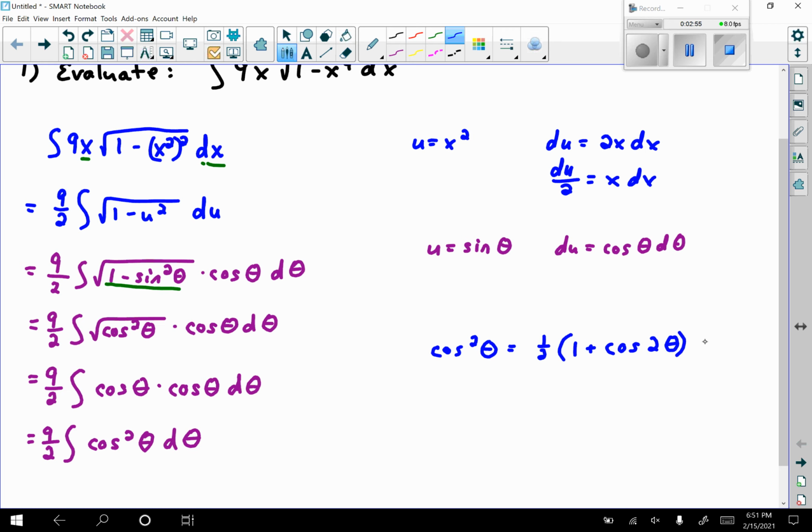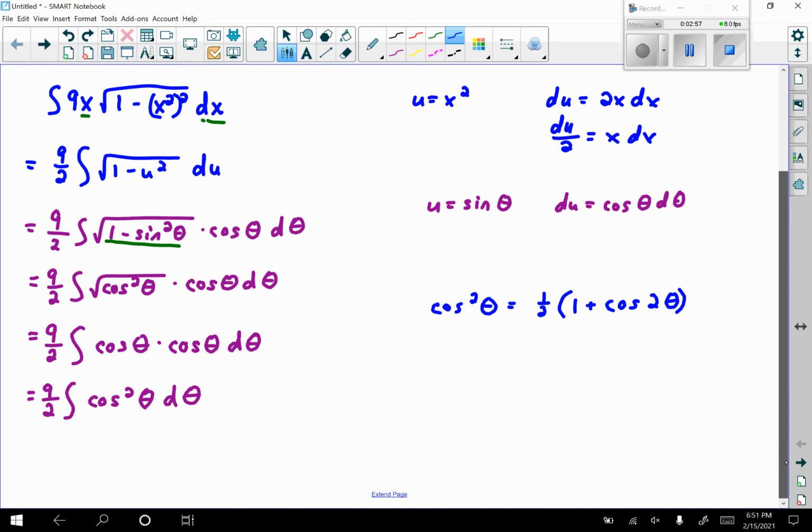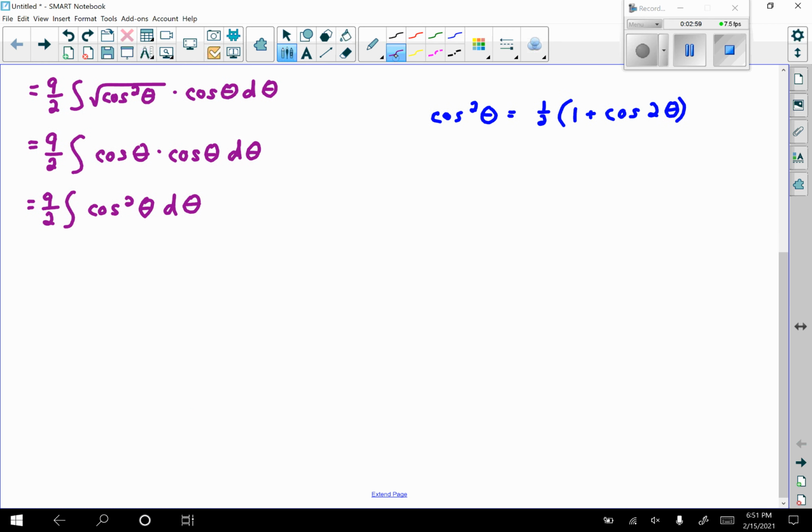So I'm going to use that identity. So now this becomes 9/2 times the integral of 1/2 times the quantity 1 plus cosine of 2 theta d theta. Now I could pull that 1/2 out in front, so I'm going to get 9/4 times the integral of 1 plus cosine 2 theta.